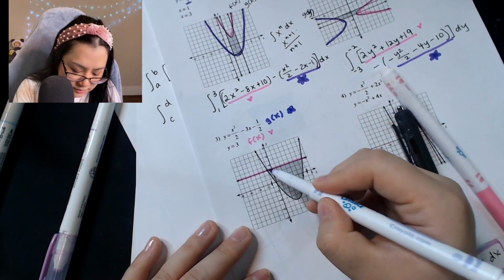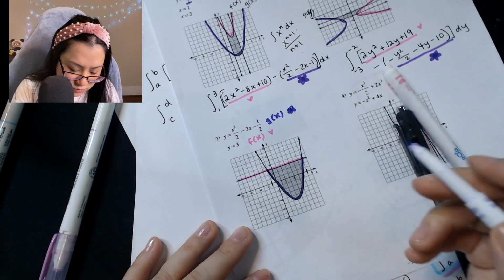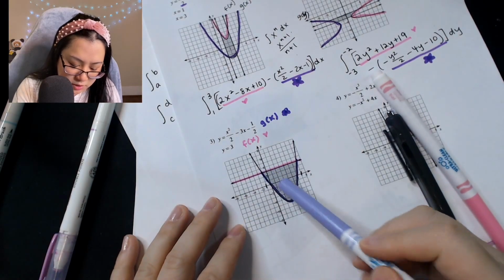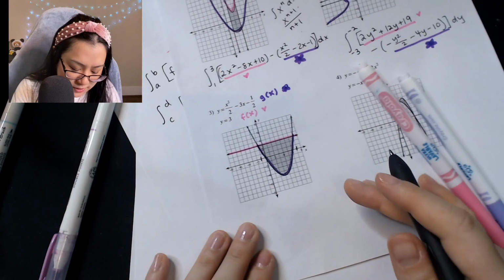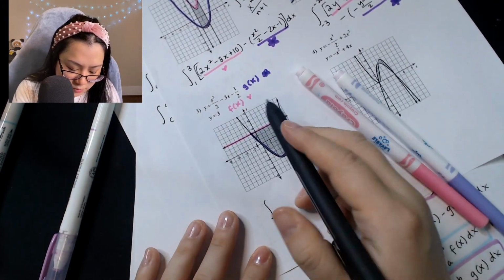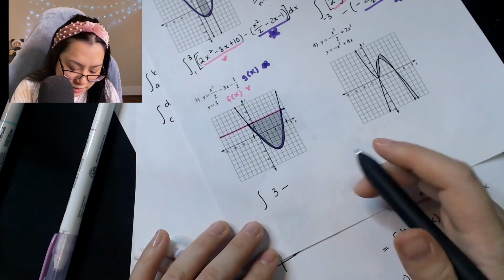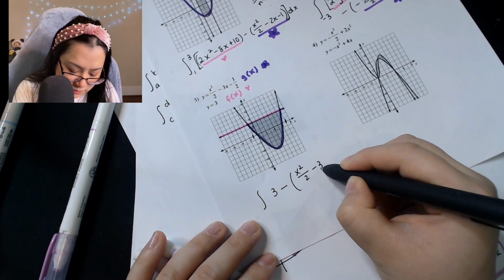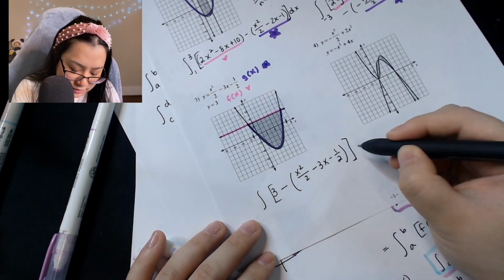So that means that within this interval, we have a clear top and bottom, but we don't know what that exact value is. So the integral is going to be my top, which is 3, minus my bottom function, with respect to x.